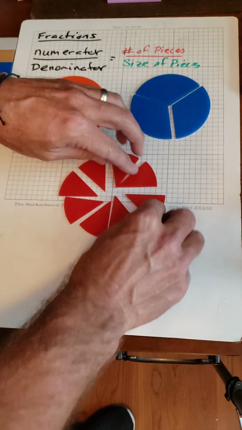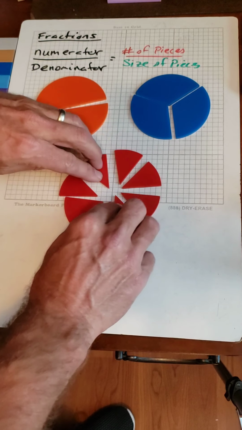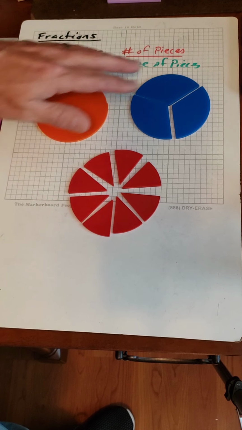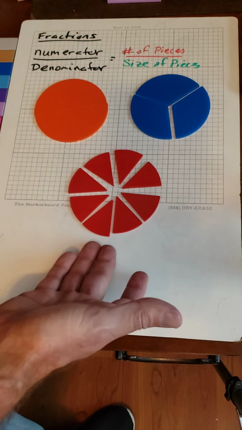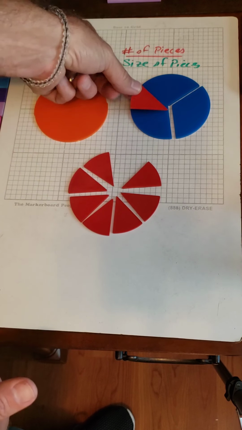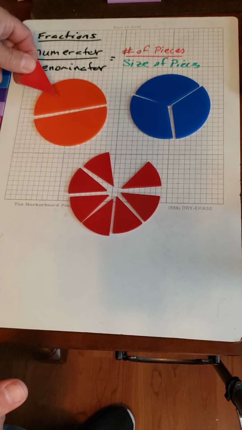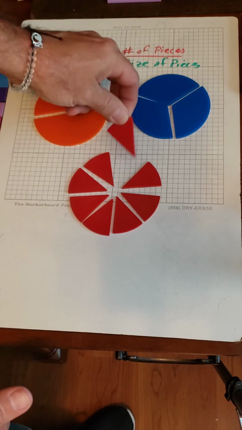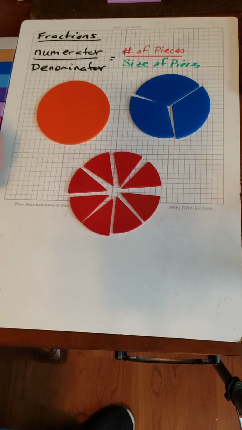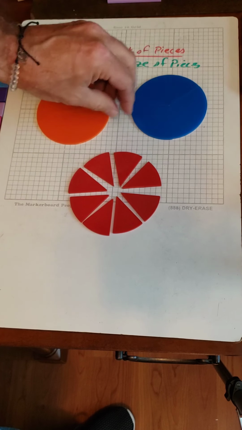For this one, it takes 8 pieces in order to make one whole circle that's the same size as these are. So clearly we can see that the size of this piece is smaller than either one of these pieces over here. And the reason it is, is because I need 8 of them to make the same thing that only takes 2 of those and 3 of these.